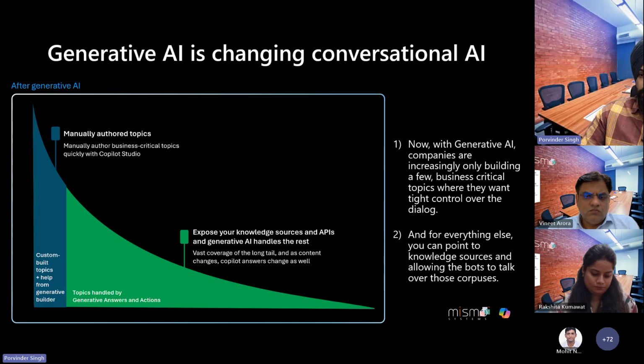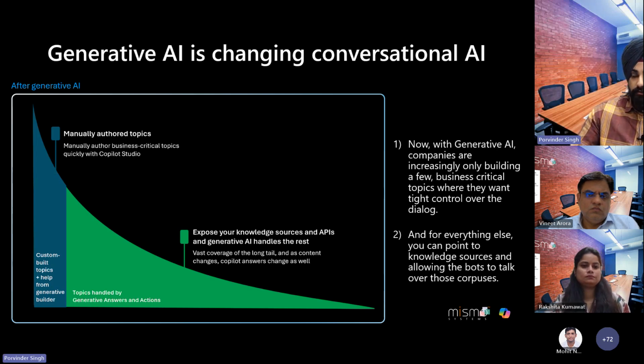And also, in case there are some phrases which you didn't anticipate, the Copilot can figure out those scenarios, and if the user asks any particular question, it can then use its already available knowledge sources.